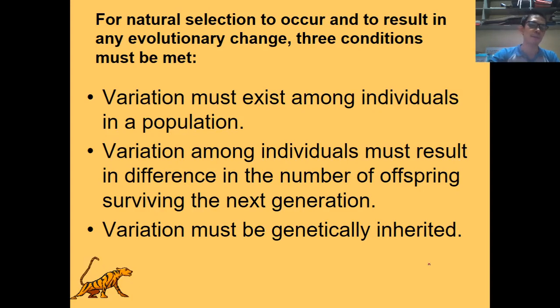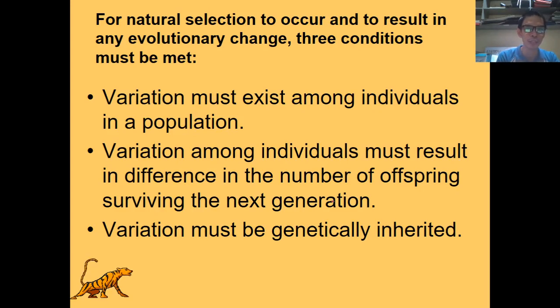Okay, so the second one is variation among individuals must result in differences in the number of offspring surviving the next generation. Alright, so this particular statement explains why some organisms are very successful in reproduction. So meaning to say that the individuals they produce will have a greater chance of survival based on the environment that they live in.